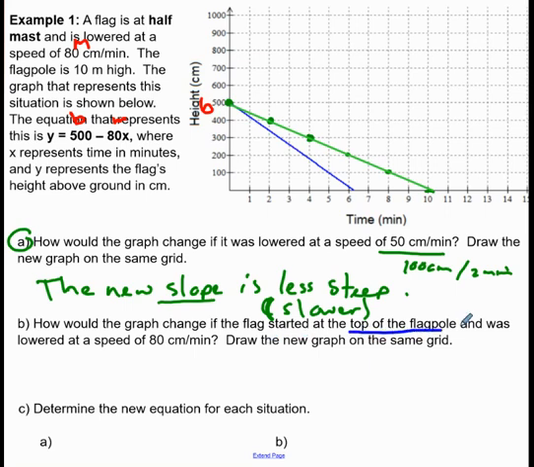The top of the flagpole was 10 meters or 1,000 centimeters, and the rate stayed the same. So we're only changing one factor at a time here. All right, so if we went up to the graph now, with our blue line, we're still going down 80 every minute.